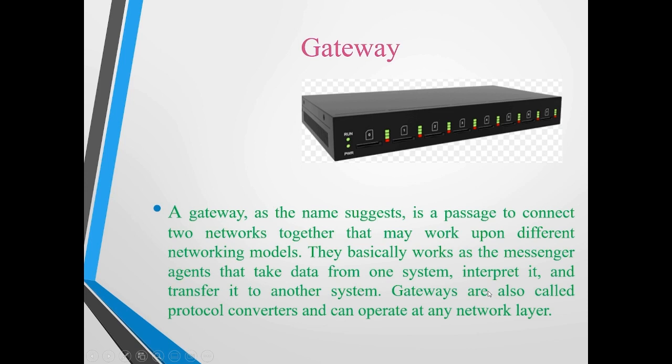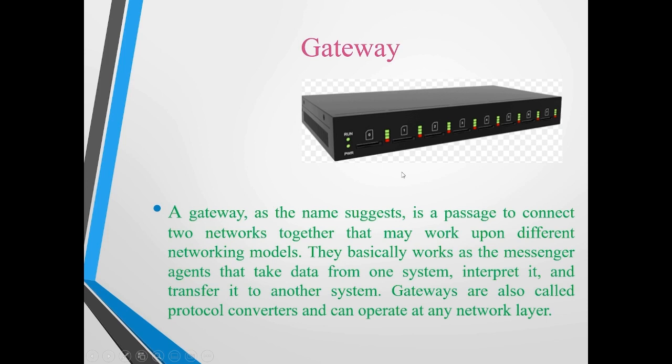So gateways are also called protocol converters and they can operate at any network layer, right? With the help of this definition, we could say that it is a device that connects dissimilar networks, and it establishes an intelligent connection between different types of network.